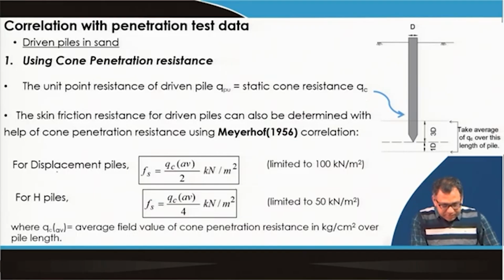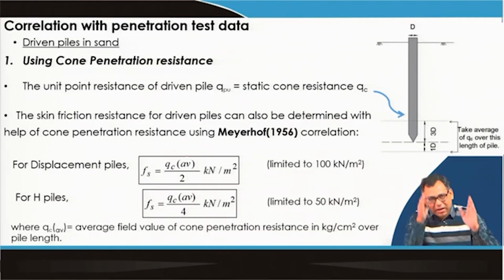Similarly, for displacement piles, what is a displacement pile? I have discussed displacement piles. Driven piles are displacement piles, where the soil is displaced laterally. So, for driven piles, the friction resistance will be average QC along the length of the pile divided by 2, in kilonewton per meter square, but this is limited to 100 kilonewton per meter square.